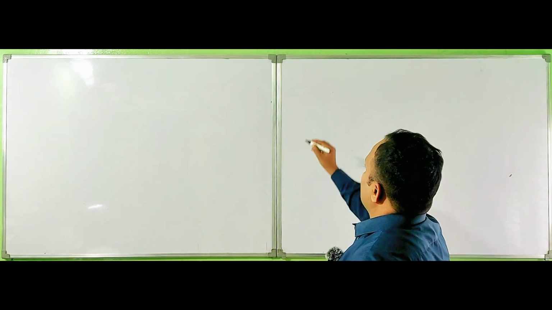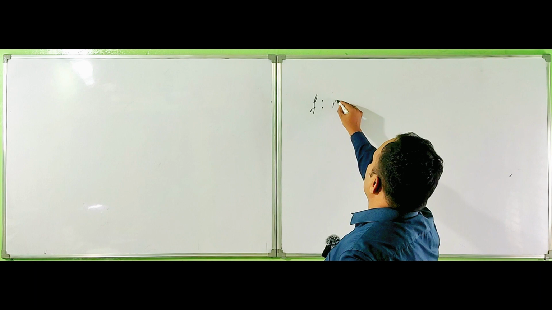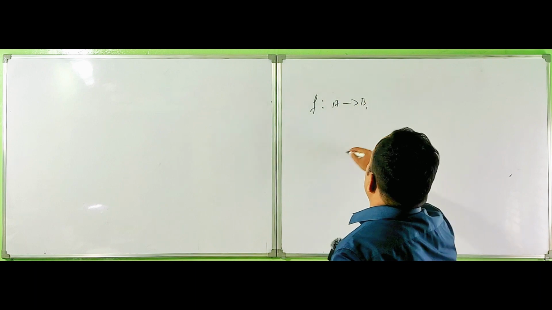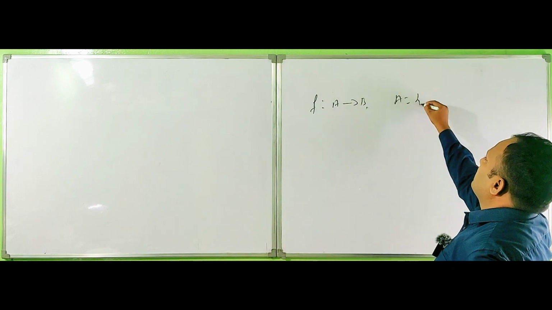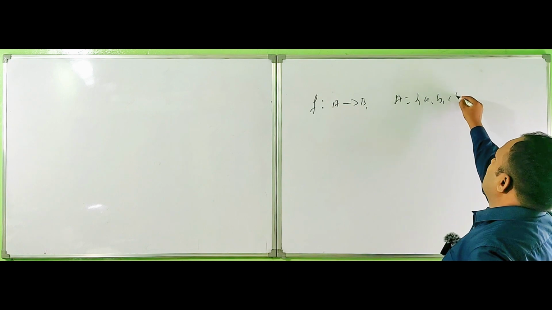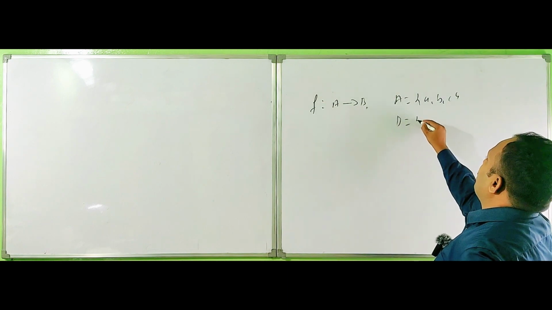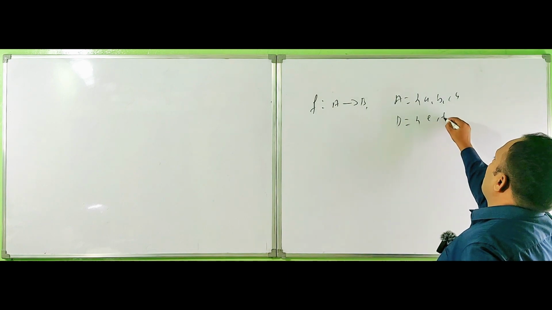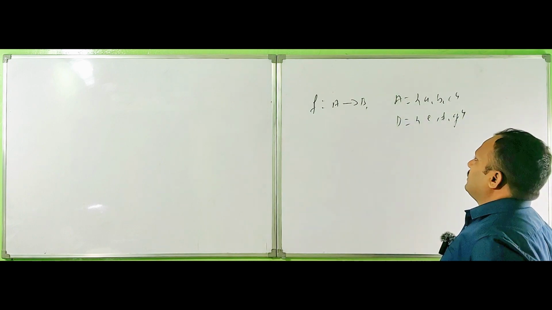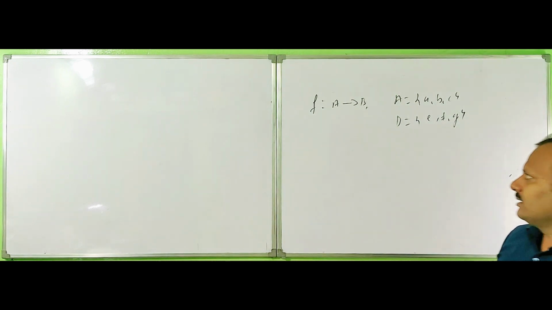Okay, let's see. Just writing. F is a function from A to B, and A has some points a, b, c, right? And B has some points e, f, g, right? In ordered pairs, how will we write?